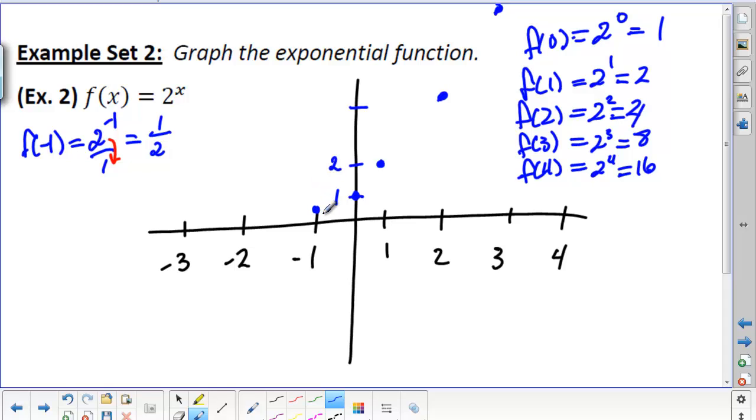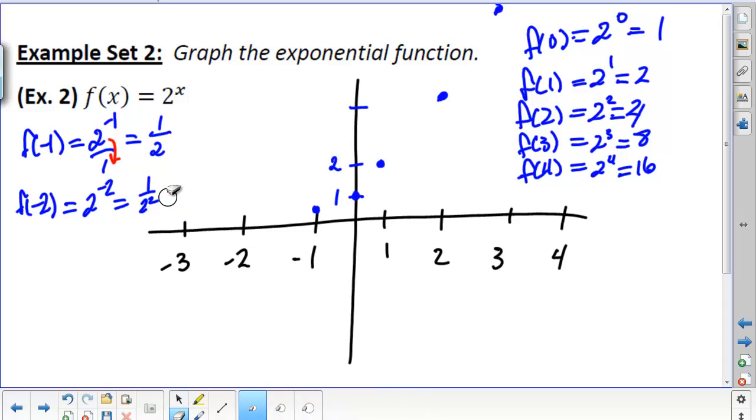So 1/2. f of negative 2, 2 to the negative 2 power. Again, flip it over. You get 1 over 2 squared, which is a fourth. One over 4.